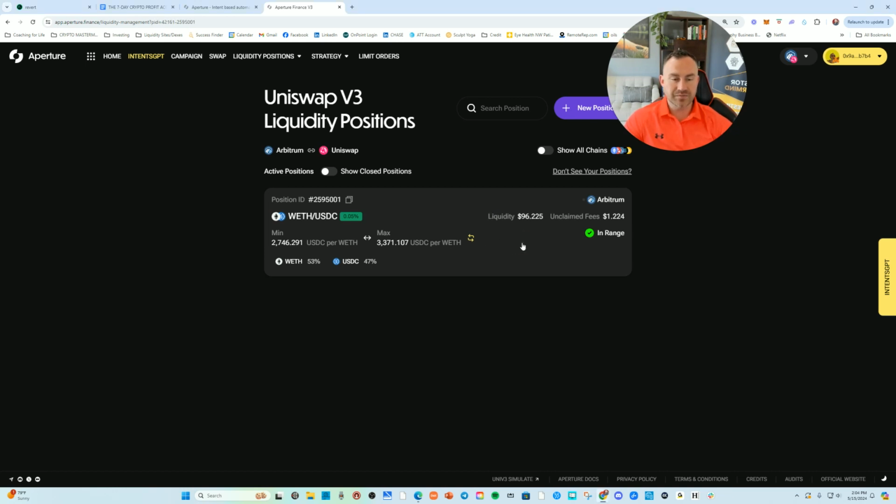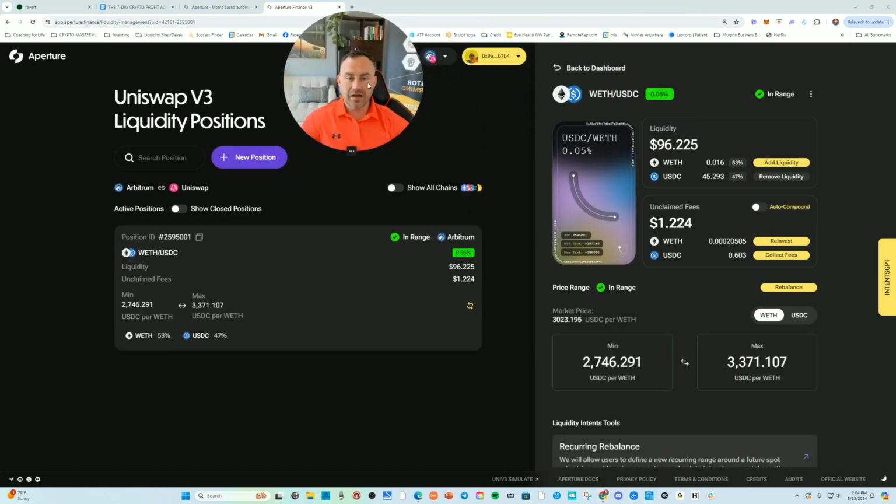If I click on this position, I can open up a few more options here. Now, the first one I'm going to highlight here, because this is one way to compound your gains, there's a little button here called reinvest. I could click that, and it would take my $1.22 and reinvest it right back into the original liquidity pair, and then my liquidity pair would be worth more and be able to produce more as well.